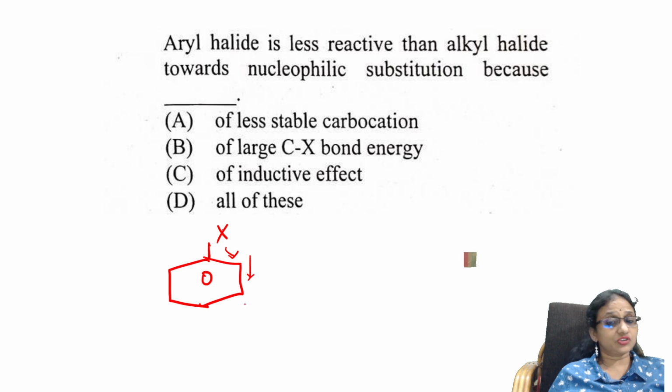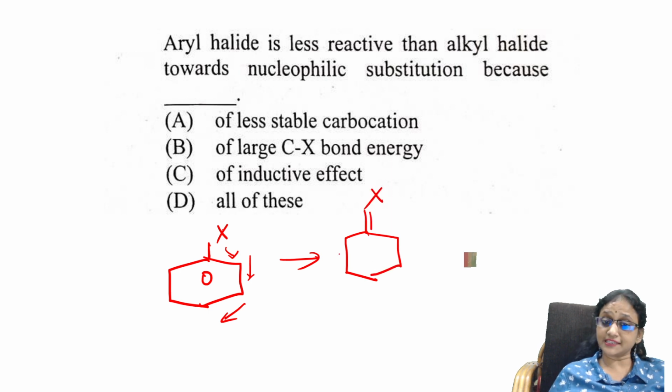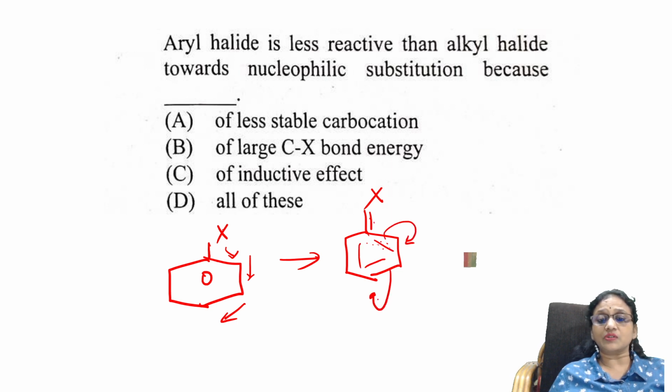Then the C-X bond will get a partial double bond character. Now double and double bond can't be together, so it will start undergoing resonance.